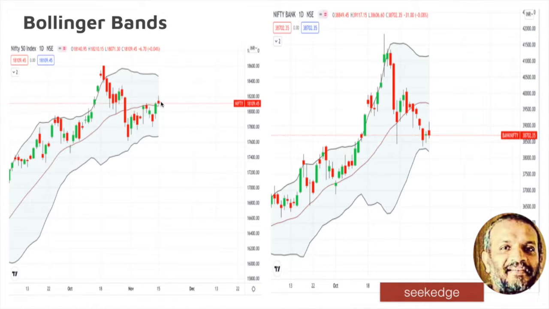If you look at the Bollinger Bands, on the left side what you see is Nifty. So Nifty seems to be slightly more bullish because it closed above the previous day's candle close, and also closed above the Bollinger 20 moving average support. But Bank Nifty, if you look, is far away and nearer to the lower band price zones.